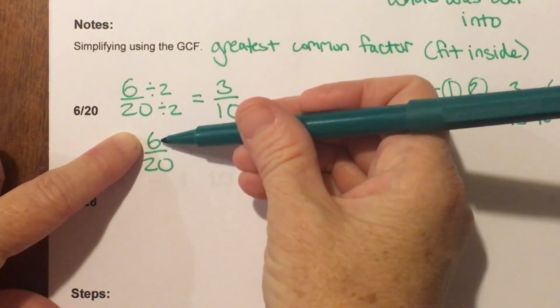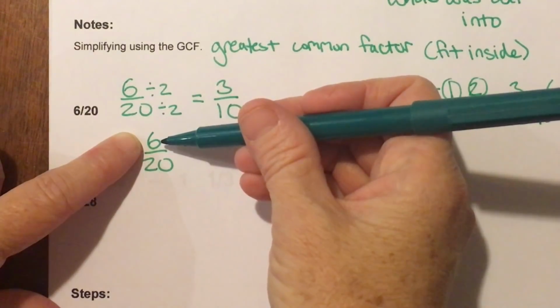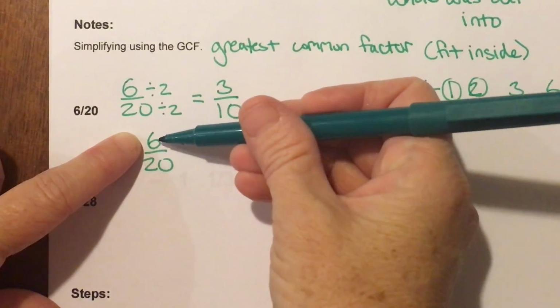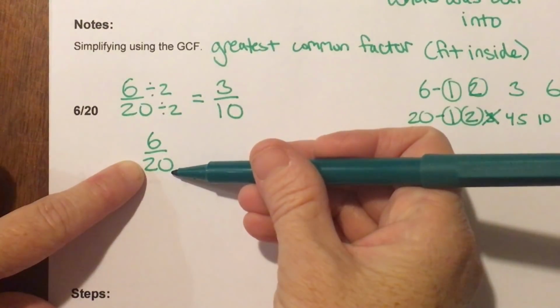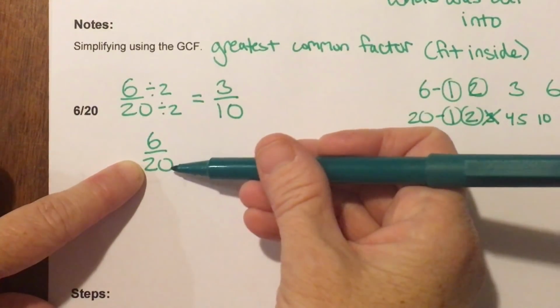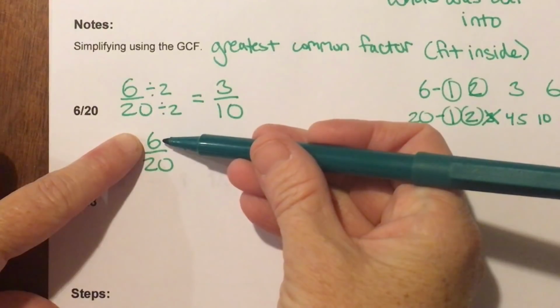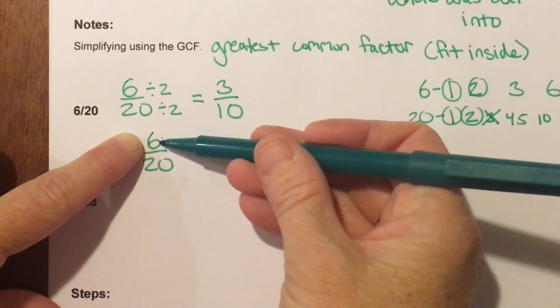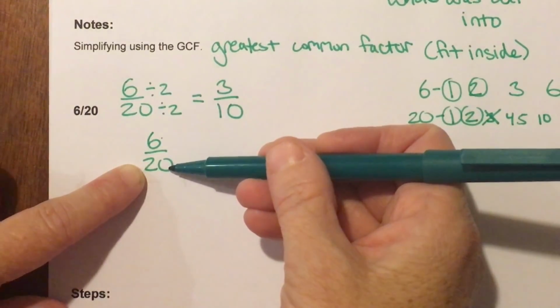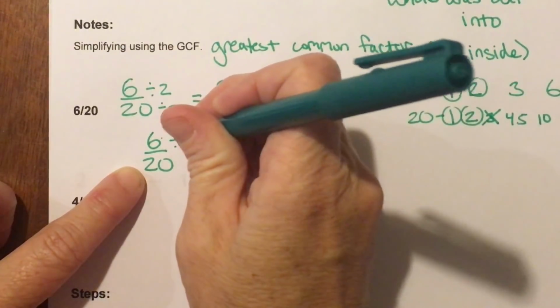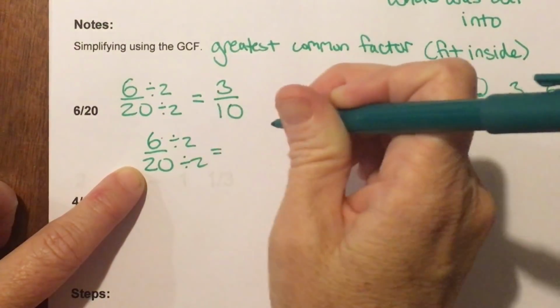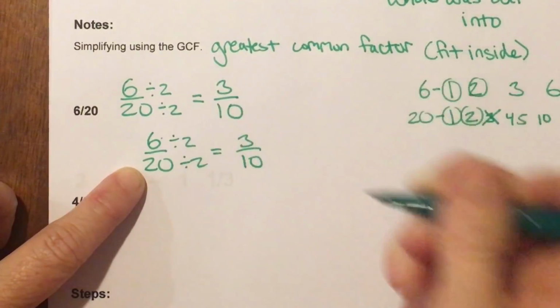Let's try 4. Does 4 work? Nope. 3? Yes. 3 fits into 6 perfectly. Oh, but it doesn't fit into here perfectly. So 3 is not my GCF. Let's try 2. 2 fits into 6 perfectly, and 2 fits into 20 perfectly. So I know my GCF is 2, and I get 3/10.